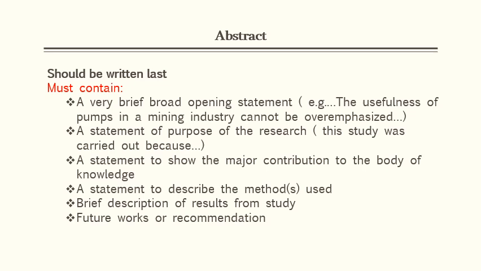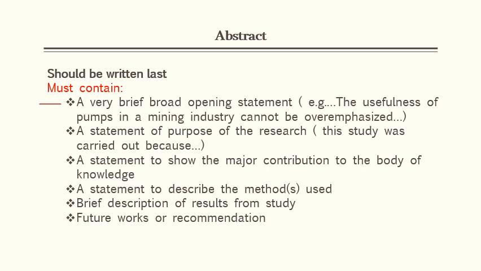You should write it last because it will contain a lot of information that you may not know until you have written all the other sections. The abstract, first of all, must contain a very brief, broad opening statement, like the one you did for your proposals. It's exactly the same way, except some little differences.